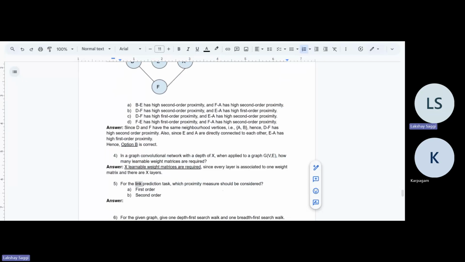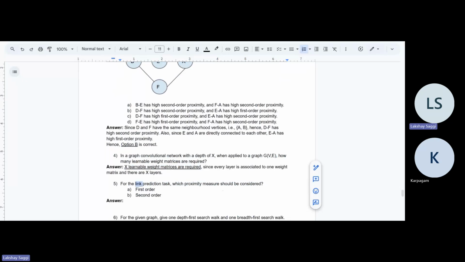But we don't know here whether there is an edge between U and V. In the link prediction task, exactly this is the task at hand: we have to predict whether there will be an edge between U and V or not. If you already knew there is an edge, then you could talk about first order. But since you don't know, you have to predict whether there will be an edge.